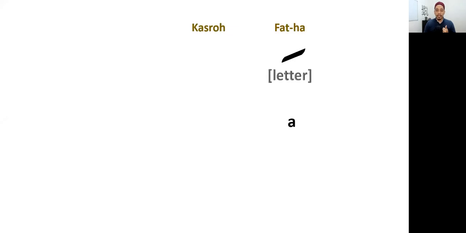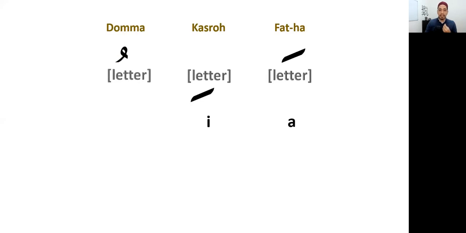We also said we have the kasra vowel, which is a skew dash below the letter and has an e sound. Lastly, we said there is a dhamma, which is basically a kind of ribbon above the letter and has an u sound. So these are the three short vowels in the Arabic language: the a, i, and u.